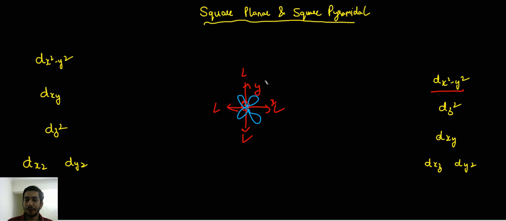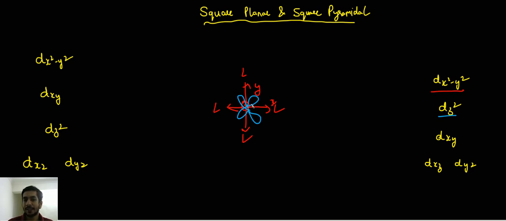Whereas if I talk about dz square, because of the square pyramidal shape, one ligand is directly present in the z direction, directly above your screen. So now your dz square orbital will directly face repulsion from that ligand. Because of this, your dz square energy would increase a lot, and it will become greater than your dxy, right?